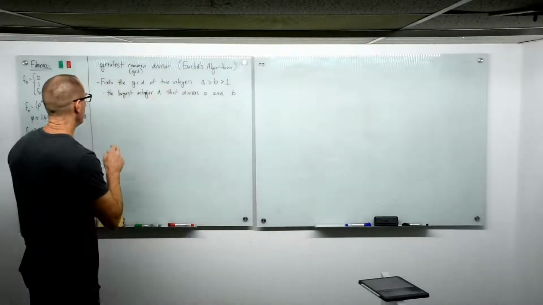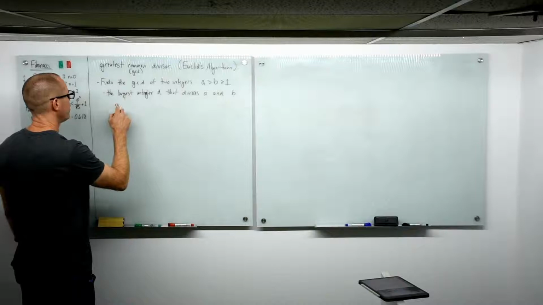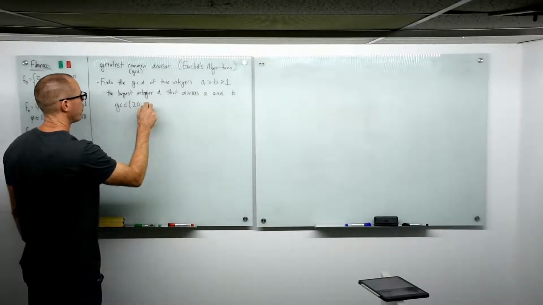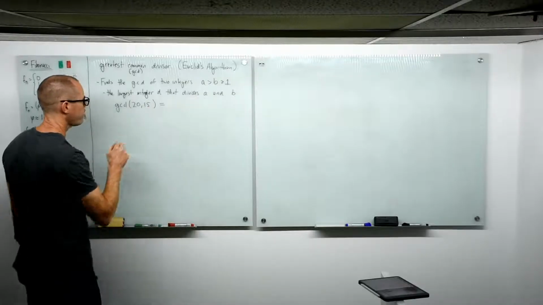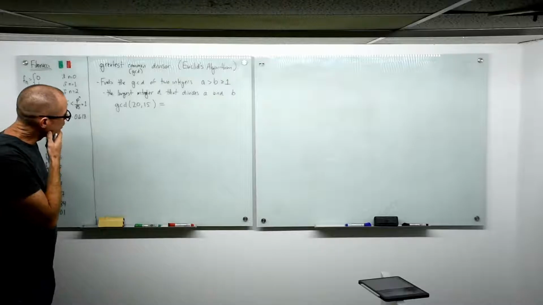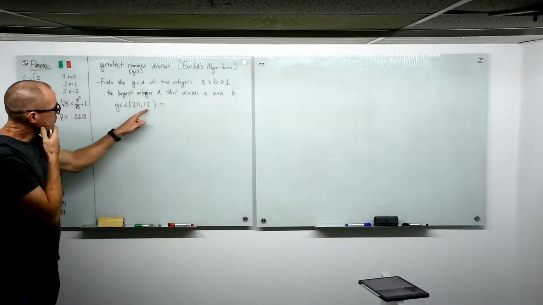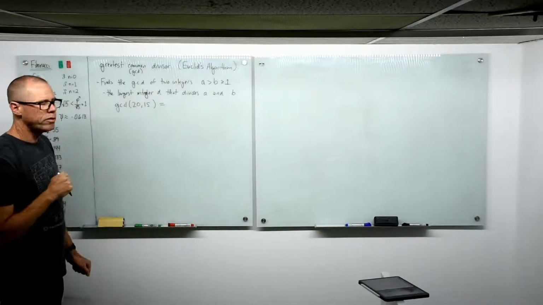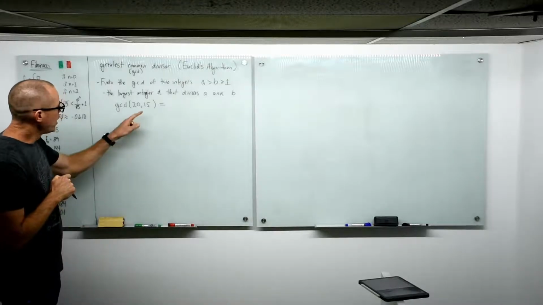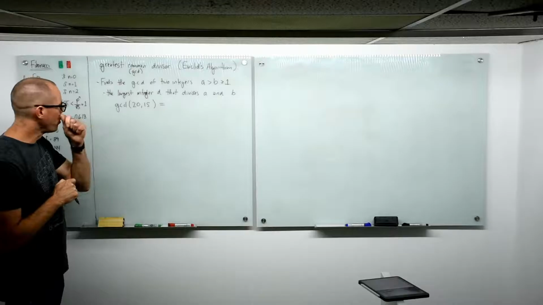So for example, the greatest common divisor of 20 and 15. What's the biggest integer that divides both of them? Well, it's not 15 because 20 divided by 15 is not an integer. And it's not 10 because 15 divided by 10 is 1.5.